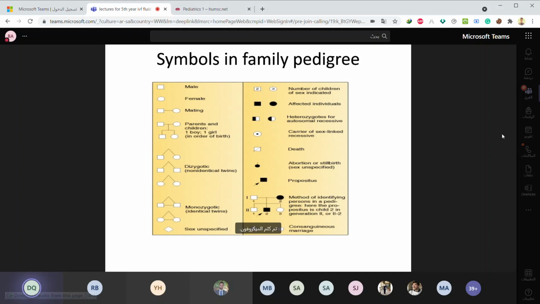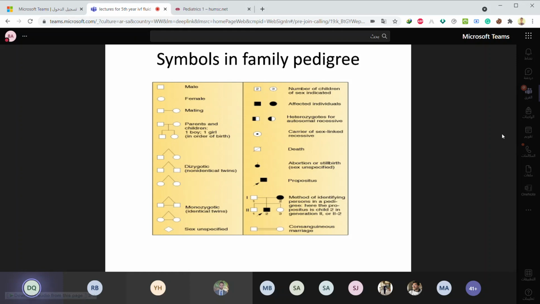This means dizygotic non-identical twins if they share the same line. And if we put a line between them and they have the same sex, they will be identical twins. If it's filled black, this means an affected individual.